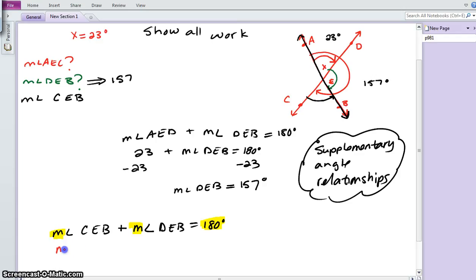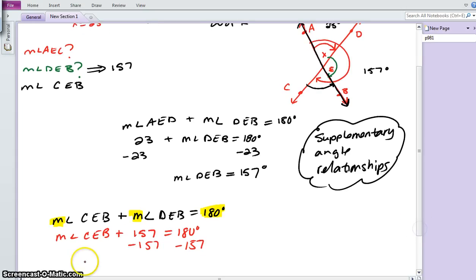I don't know yet the measure of angle CEB, but I do know the measure of angle DEB. I subtract 157 from both sides, and I find that the measure of angle CEB equals 23 degrees. Well, that's interesting because that was the same as the measure of angle AED.